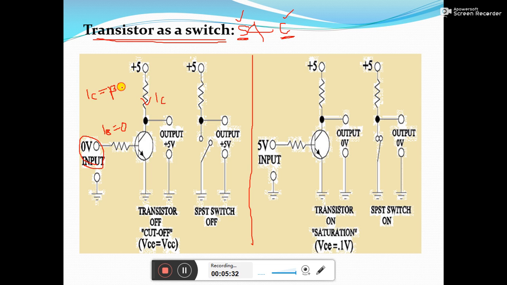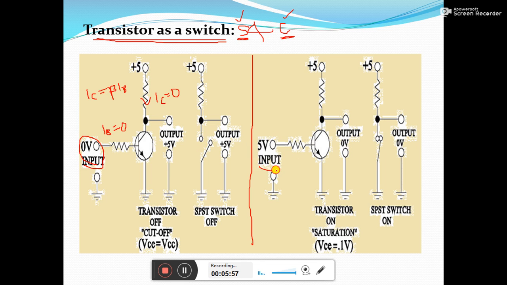Since I have not applied any input, the input current is 0. If you substitute IB as 0, IC will also be 0, so the output current is 0 and it acts like an open switch.